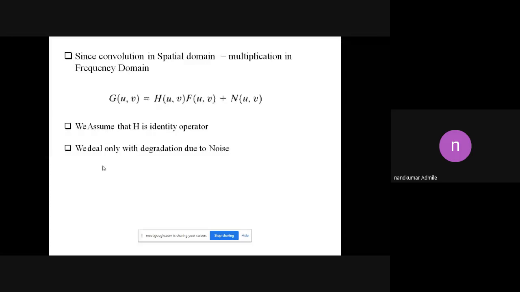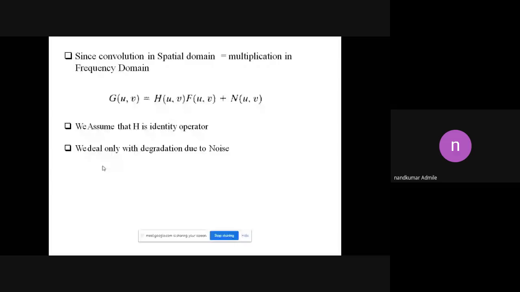So how to represent the degradation model? Here we can represent the degradation model with the help of G. Once we convert the spatial domain information into the frequency domain information, x and y are converted into the u comma v coordinates.